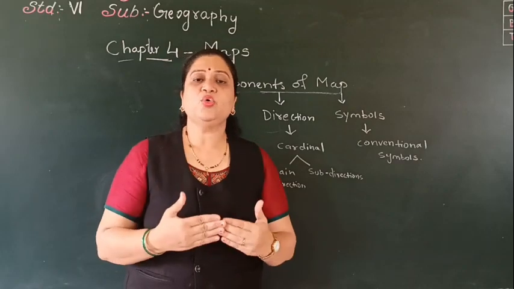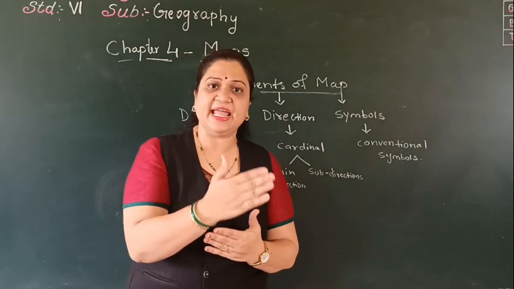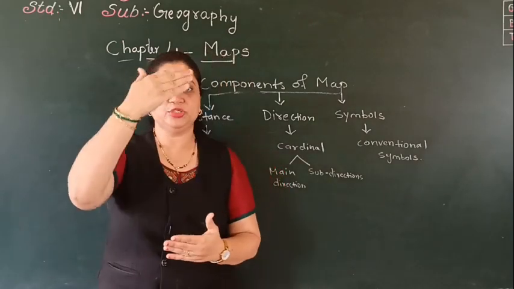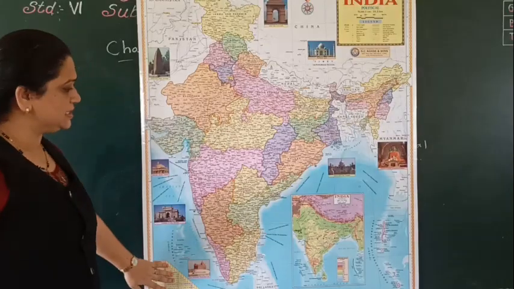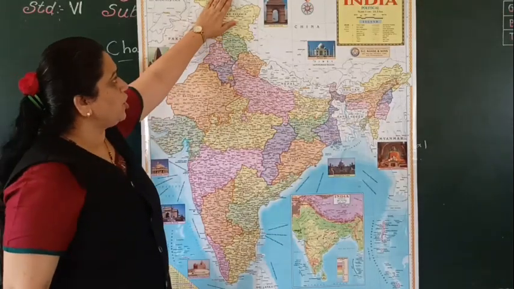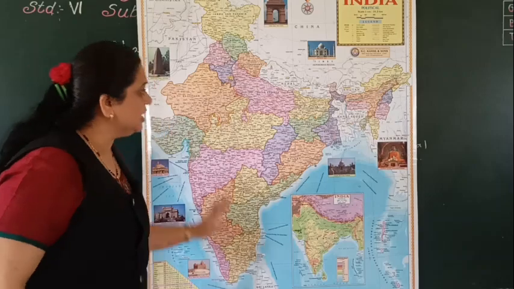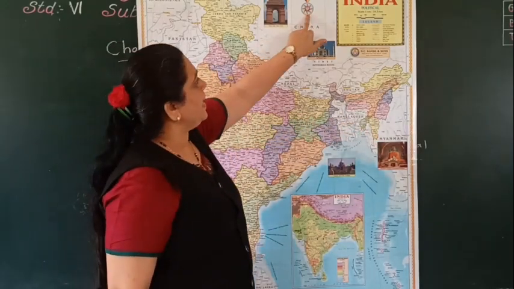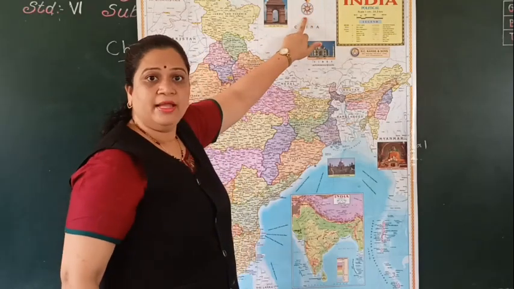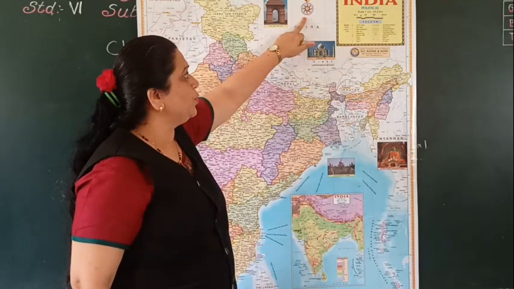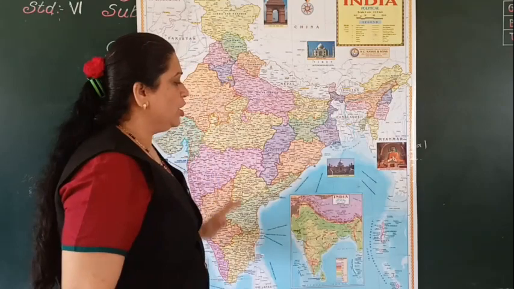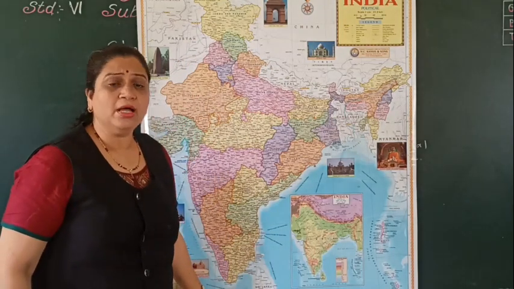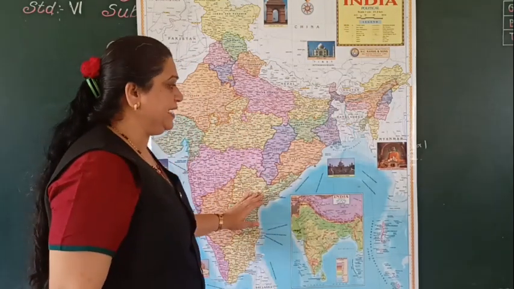So first you find the directions, and then you can show the places. This is the north, this is the south, this is east, and this is west. See on the map the sign of the direction is shown, and children, accordingly you have to mention the details.